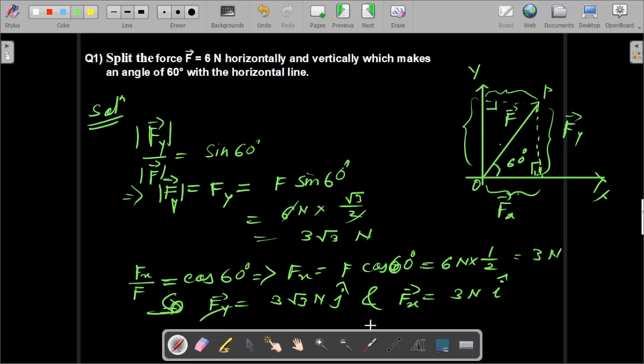So this and this are the components. This is the vertical component, this is the horizontal component of the given force F. In this way, you can split the given vector into two components.